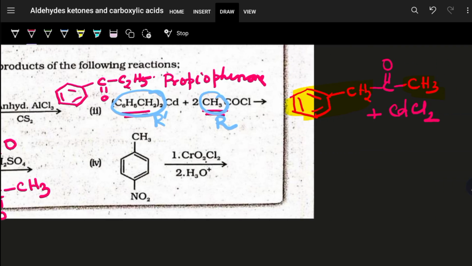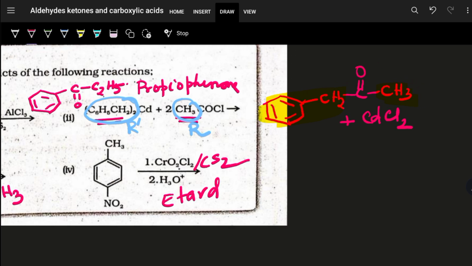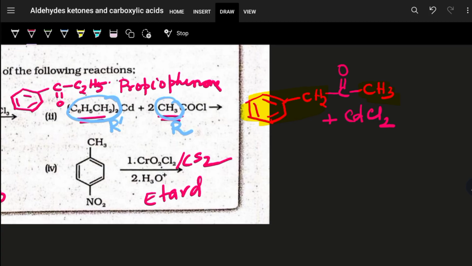Next over here, let us see CrO2Cl2. Whether it is mentioned carbon disulfide or not, it is CrO2Cl2 and H3O plus. So please don't forget to remember Etard. So what will happen? No other change will occur.